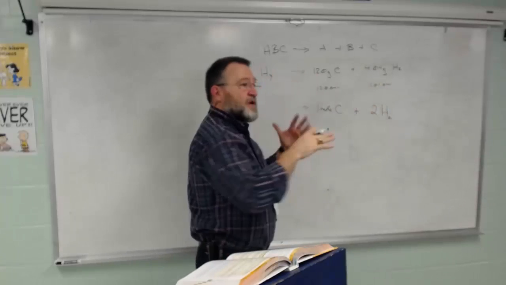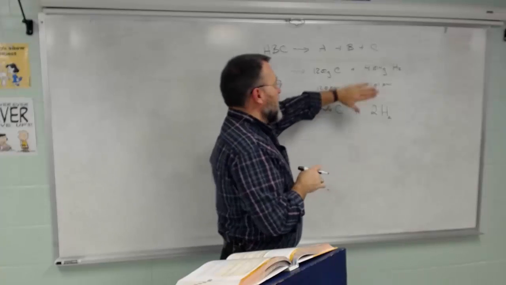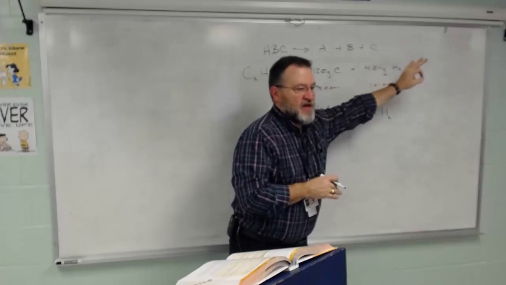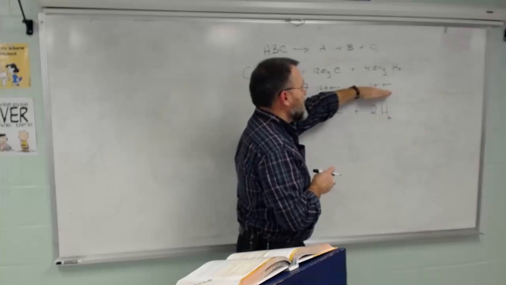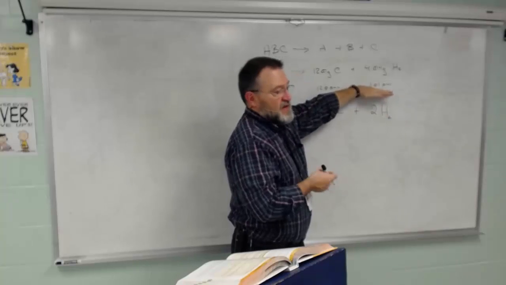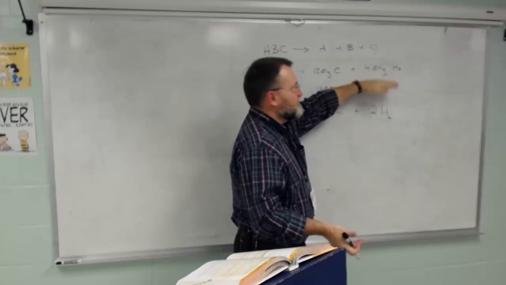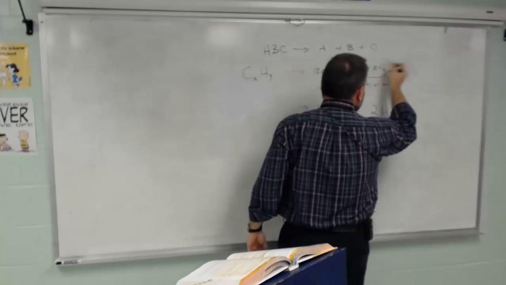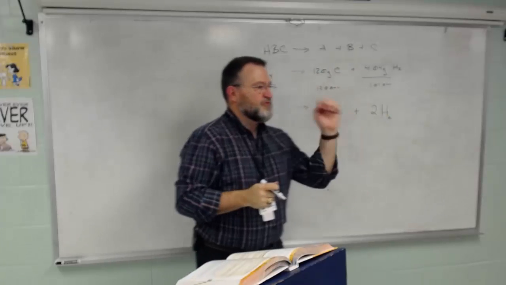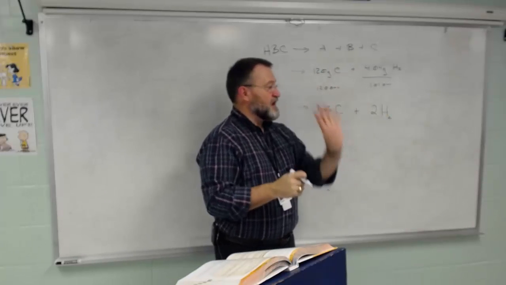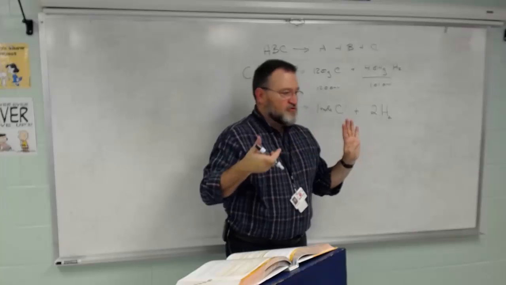Another way you could have thought of that: okay, wait a minute. How many moles of hydrogen atoms do I have? Well, each atom is 1.01 AMU, so each mole of atoms is 1.01 grams. I've been given 4.04 grams. I divide 4.04 by 1.01, and I come up with 4. I have 4 moles of hydrogen atoms. Oh, wait a minute. Hydrogen doesn't go around as an atom.